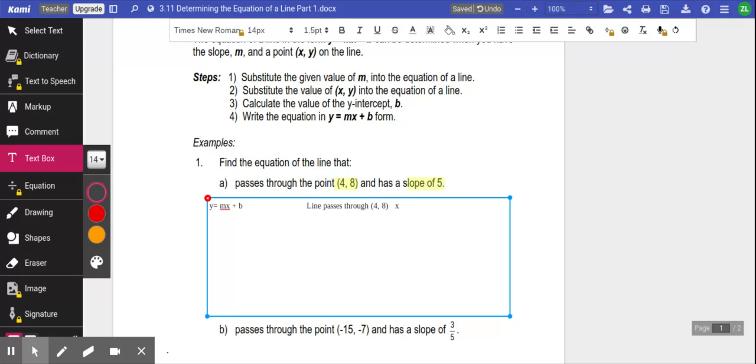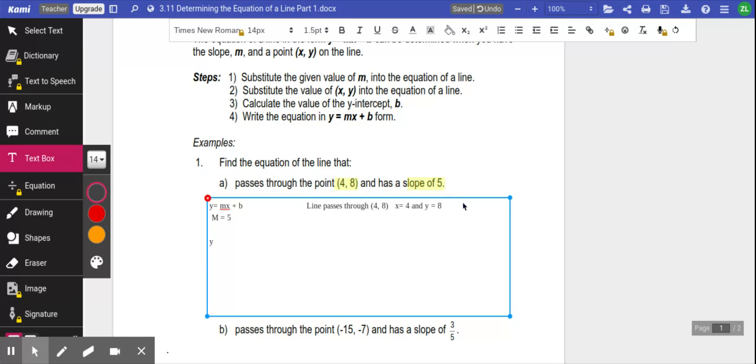So x is then equal to 4 and y is equal to 8. We also know that our m, or our slope, is equal to 5 from the information given above.